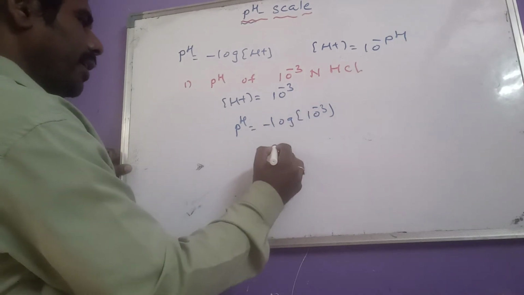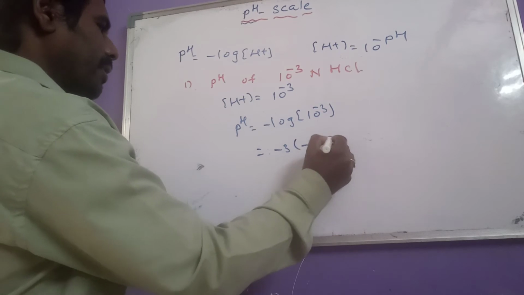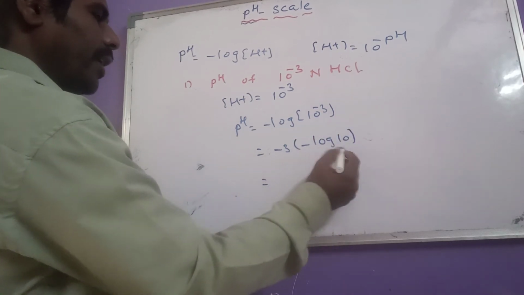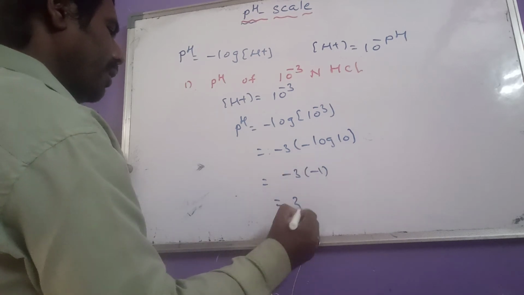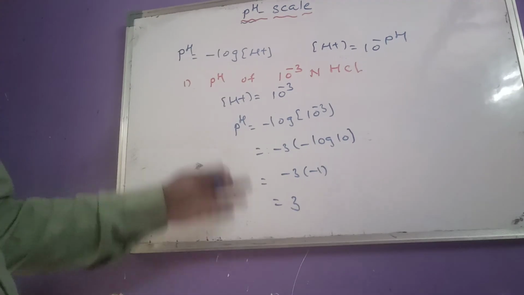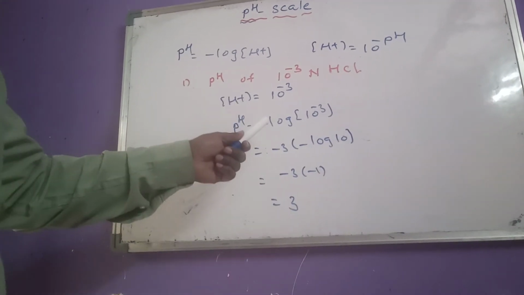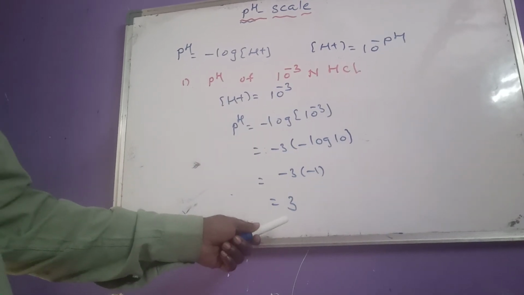This can be written as minus 3 into minus log 10, and here the log 10 value is 1, so minus 3 into minus 1. So what is the pH value here? 3. So if the H plus concentration is 10 power minus 3, the pH of the solution is 3.